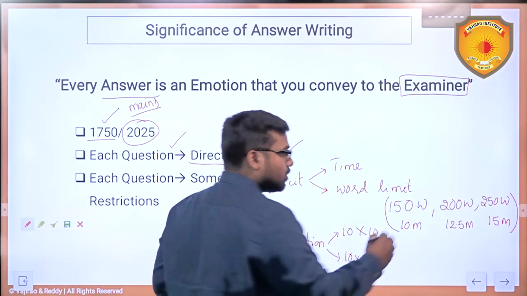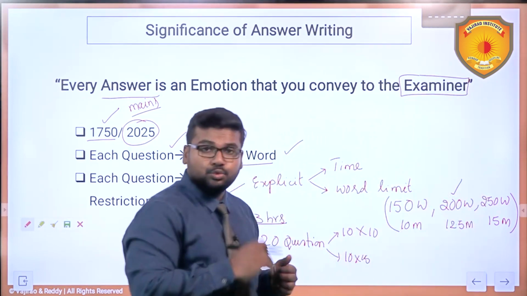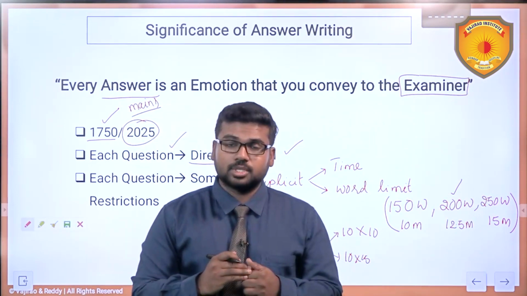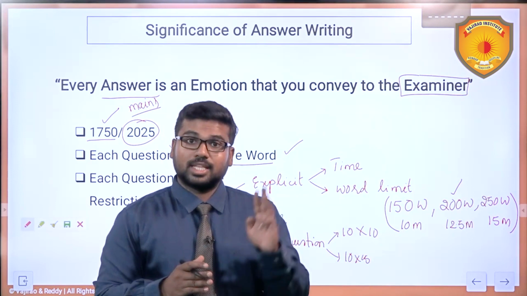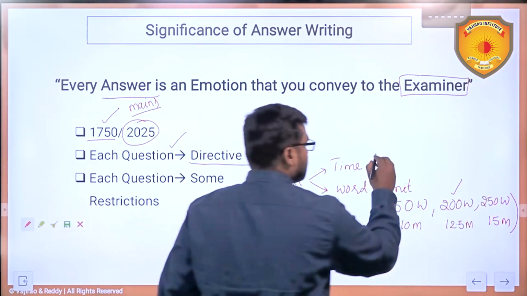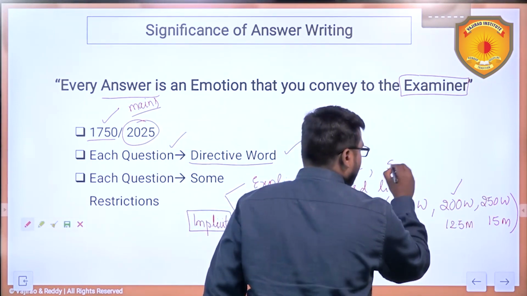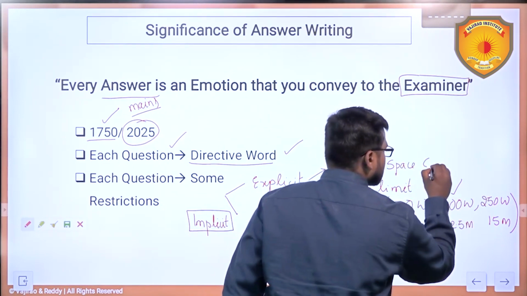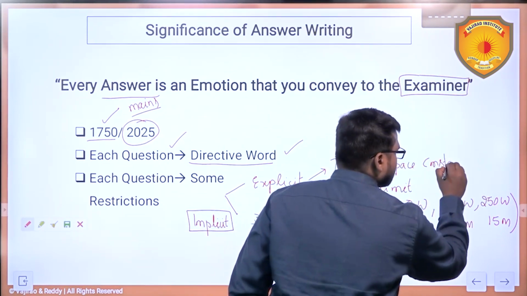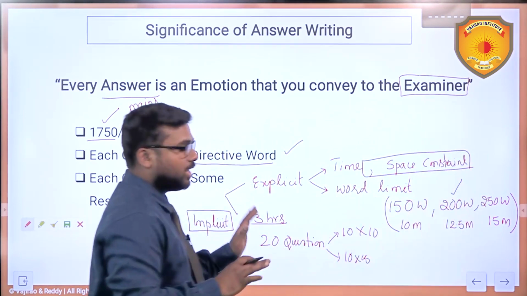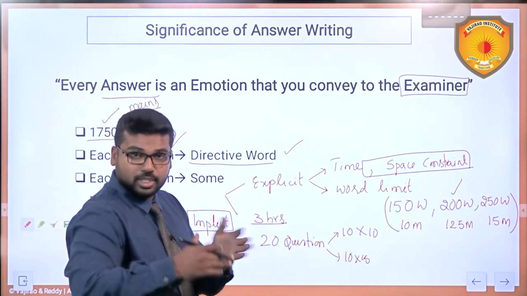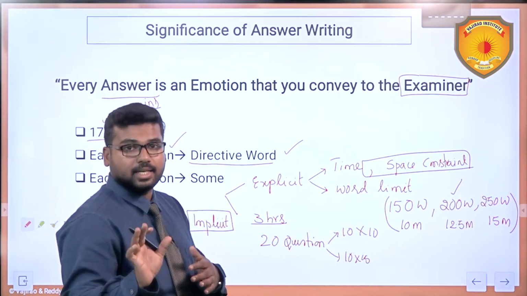Then for 250 and 200 words, you have 3 pages. Within that, you have to write your answer. So there is a space constraint as well: time, word limit and space constraint. So what do all these elements indicate to the examiner and to the UPSC board? We will see it later in a moment.